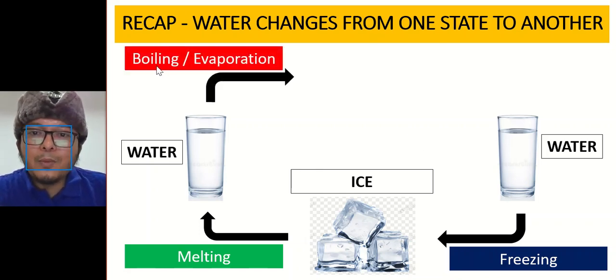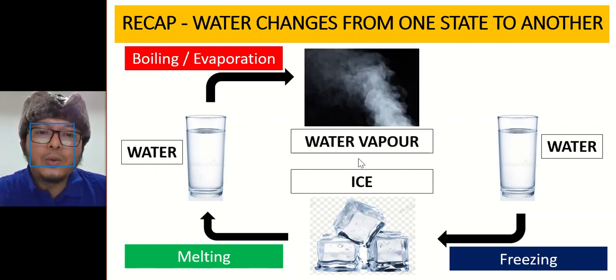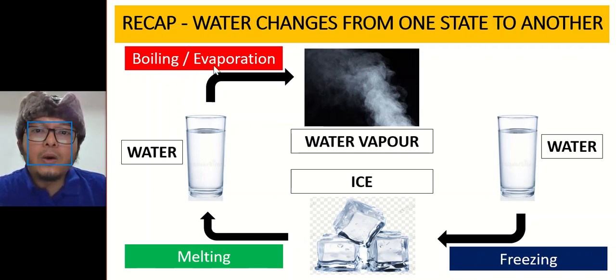Now next, boiling and evaporation. Water will change to water vapor through boiling or evaporation. When you boil water, you will get steam, and steam is also a gas, water as gas.